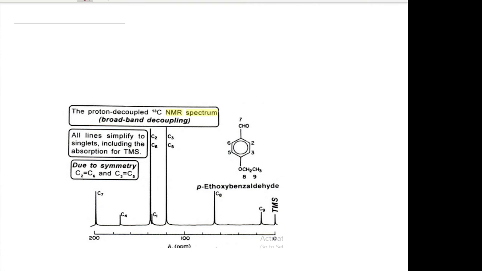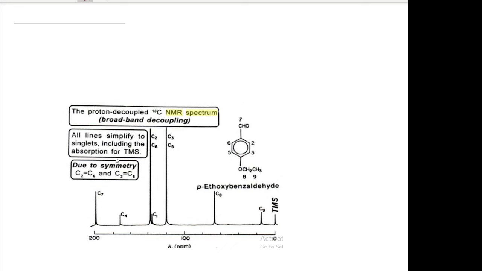So next example is about para-ethoxybenzaldehyde. Para-ethoxybenzaldehyde has many different types of carbon.